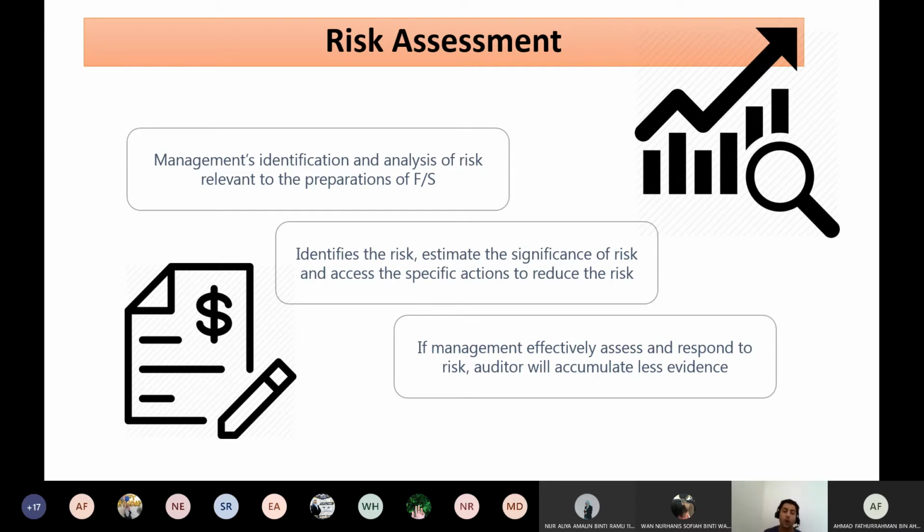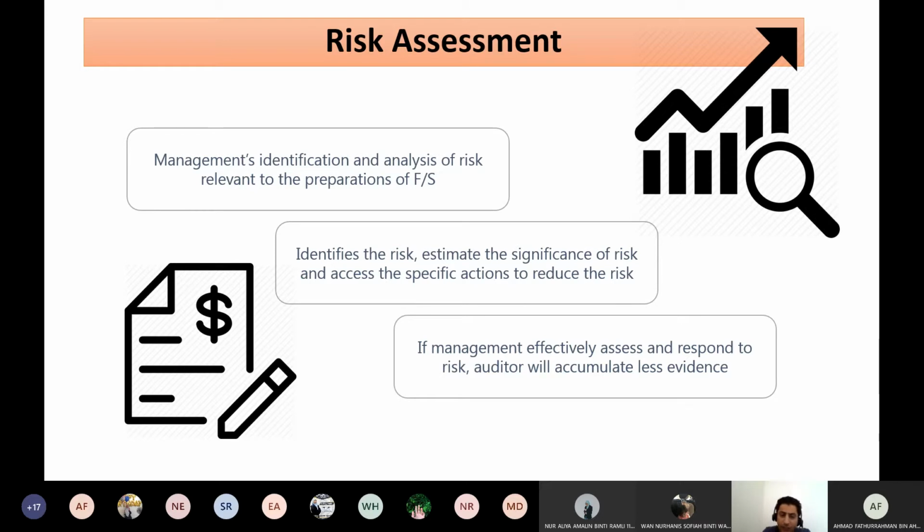Next, they need to estimate the significance. Sometimes this estimation will be in terms of ringgit, or dollar, and then they need to propose what action should be taken to minimize this kind of risk. Okay, if the management effectively assess and respond to the risk, the auditor will accumulate less evidence.